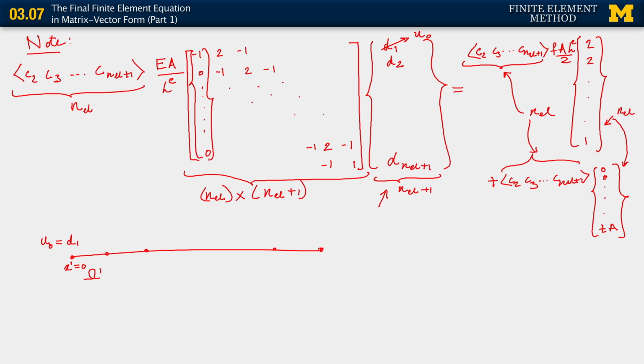Essentially, what we can do now is, because we know d1 equals u0, and we recognize that this particular column vector that I've marked out in the matrix is the one containing matrix elements that multiply d1, which is equal to u0, which is known, we are at liberty to actually move it to the right-hand side.